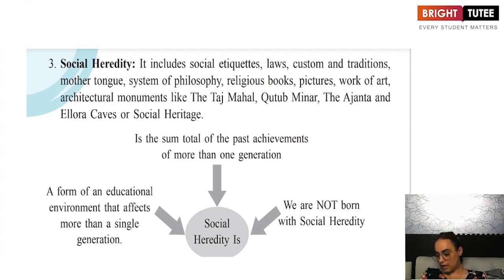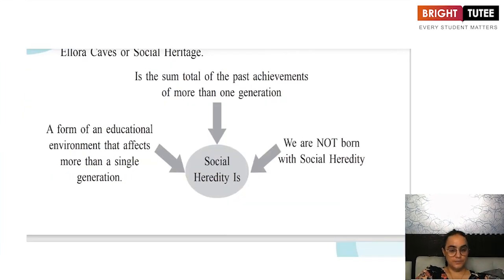Everything has been inherited by you from your parents. So in totality, what we can summarize is that social heredity refers to whatever past achievements have been there.